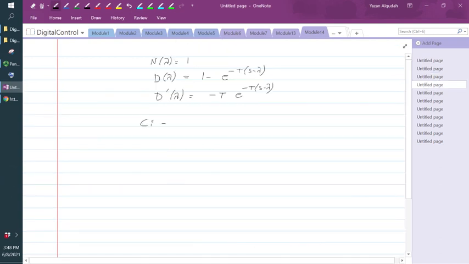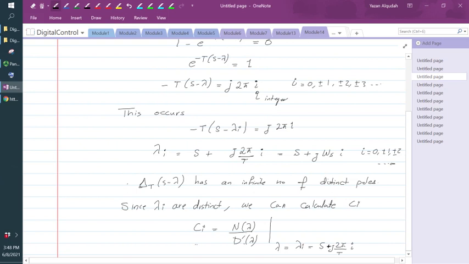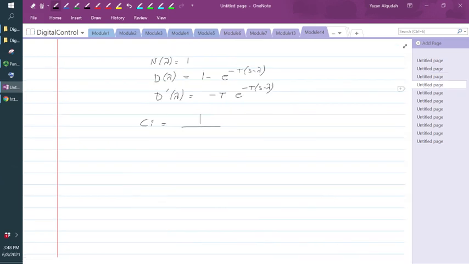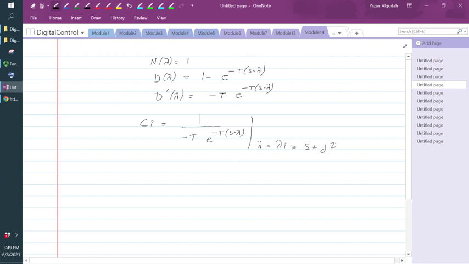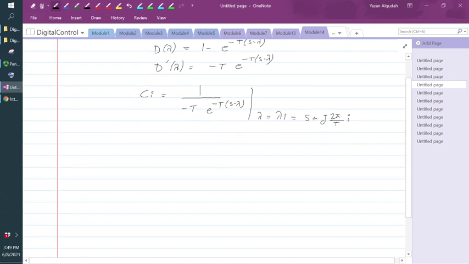So therefore, Ci is going to equal 1. From here, we want to calculate n of lambda divided by d prime of lambda. So 1 divided by the d prime, which is negative t e to negative t multiplied by s minus lambda. And we have to evaluate this at lambda equal to lambda I, which is equal to s plus j multiplied by 2 pi divided by t multiplied by I. Okay, what is this equal to?